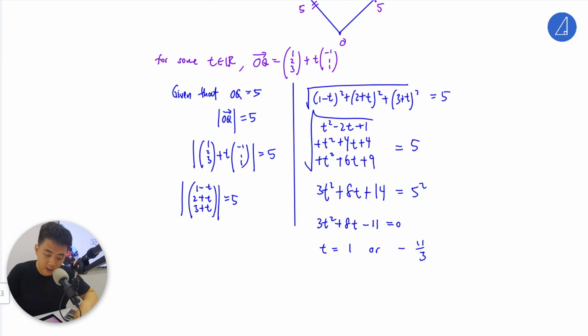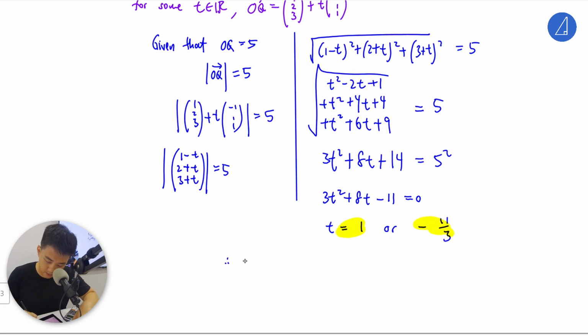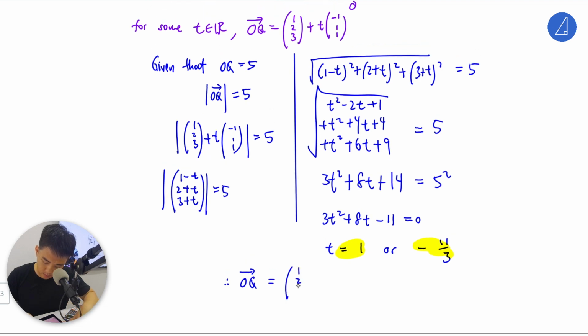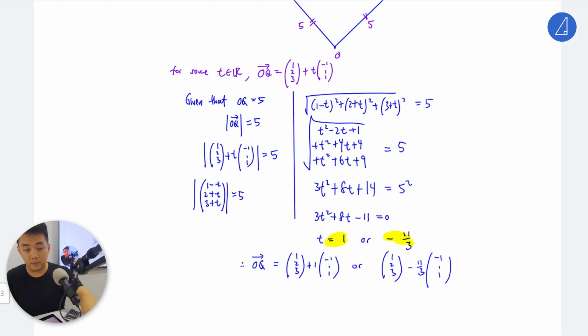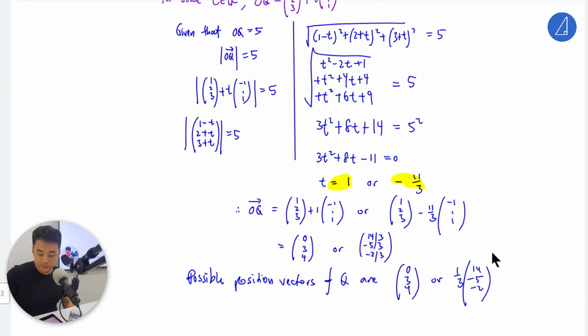So once done, you get a t, sub back into the line equation, find your OQ, two possible positions. So this will be your OQ. You sub back into the equation, you get Q, this one or this one. Okay. Let's look at the last one.